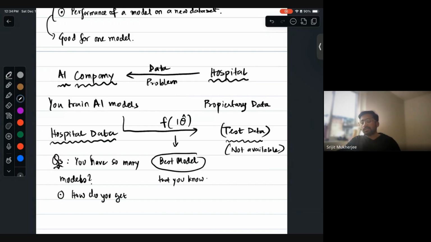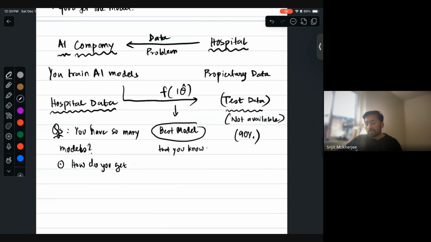And let's say they told you, okay, I need 90% accuracy for your model, otherwise I will not continue the business with you. So they want to test how good your model is, right? So how do you get the best model that you have?